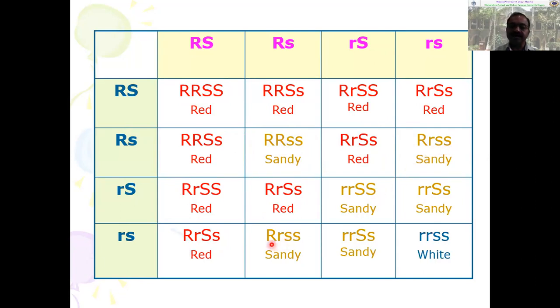Here again capital R with small ss. Here 3 combinations. Similarly, here we have the small r with one capital S, so again 3 combinations where we have the small r with a capital S. At least one is a dominant one. In that case, we are getting sandy. So there are in total 6 sandy and only 1 white. So we are getting 9:6:1, indicating it is an incomplete duplicate recessive epistasis with a gene interaction.